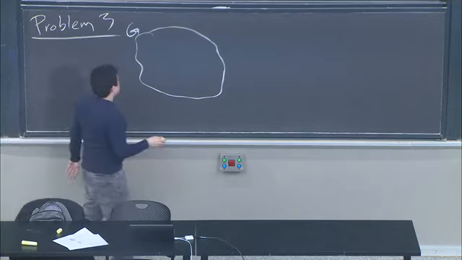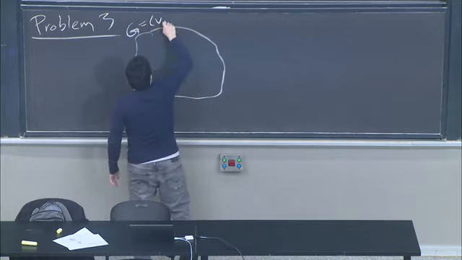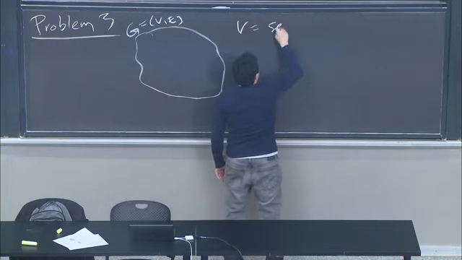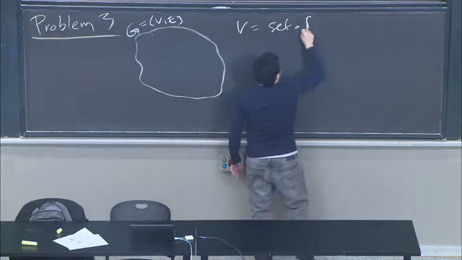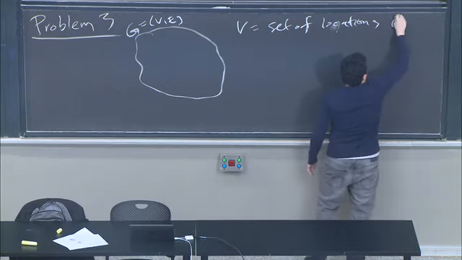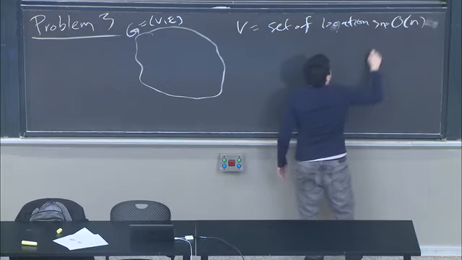Okay, so I'm going to define a graph, V, E, and V is going to be my set of locations. So there are order n of them. There's actually n of them.